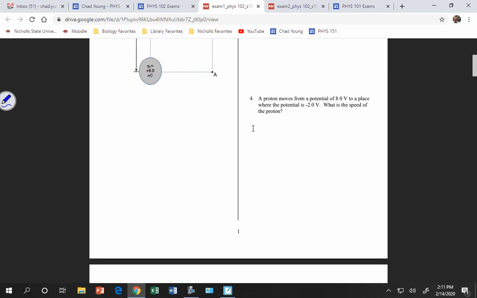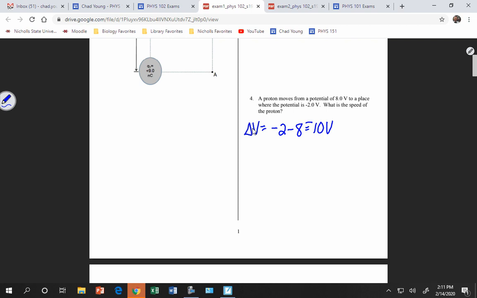So the first thing I need to do is figure out what is my delta V. I'm going from 8 volts to minus 2 volts. So my delta V is going to be minus 2 minus 8, or minus 10 volts. We're just going to sort of forget about the sign. The sign isn't terribly important right now. And then I want to know the speed of the proton.